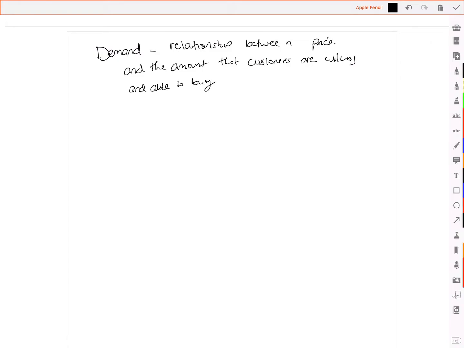And we're looking at the relationship between the price and the amount the customers are willing and able to buy. So we're looking at how much are they willing and able to buy at each price. So essentially, this amount that they're willing and able to buy at each price is what we call quantity demanded.